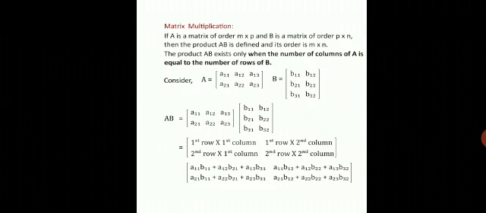The 3 elements of matrix A should correspond to the 3 elements of matrix B's first column. The different elements have to be multiplied.